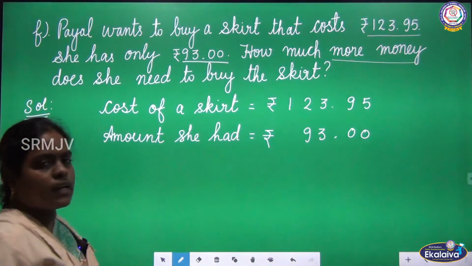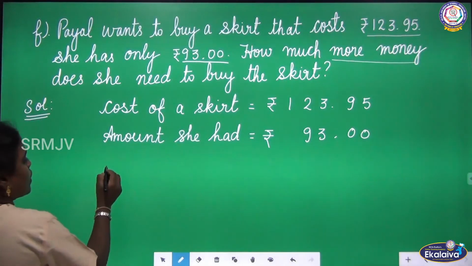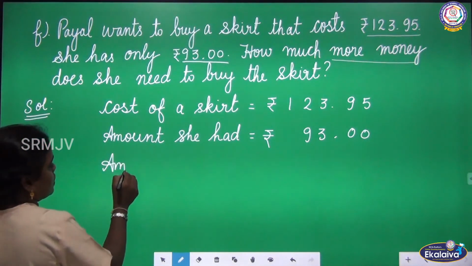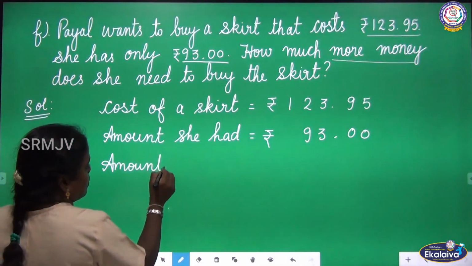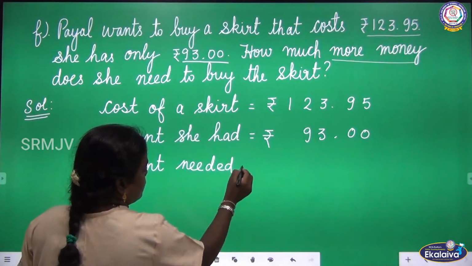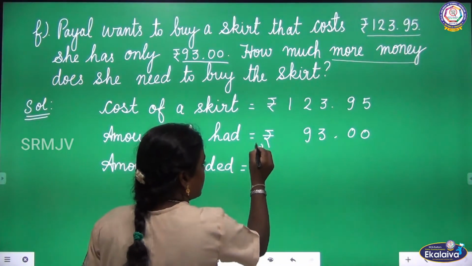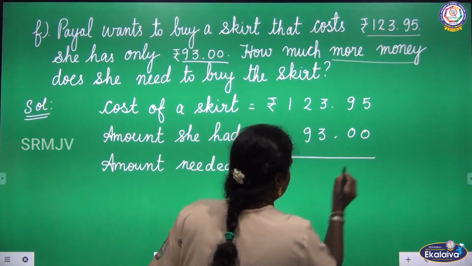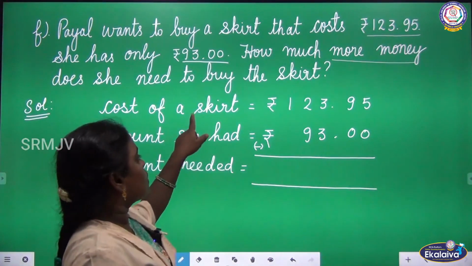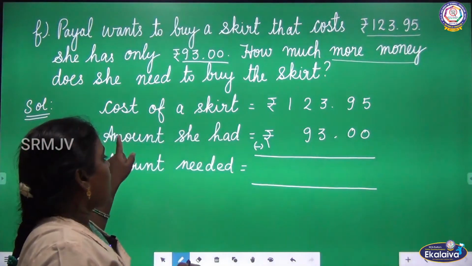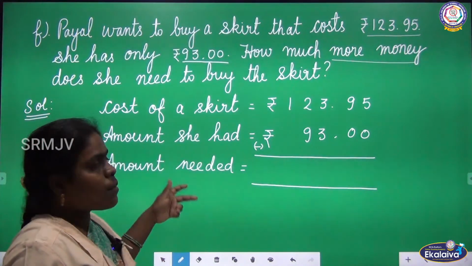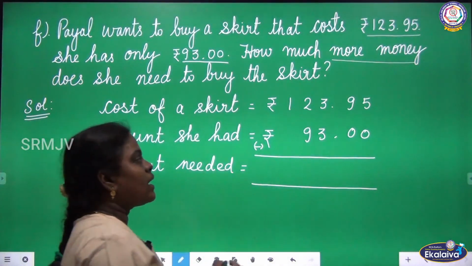So she had only 93 rupees. We are going to find out the amount she needed. By subtracting, we can get the answer. Let us subtract the amounts, which is the cost of a skirt and the amount she had. If you subtract this, you can get the amount which is needed to buy a skirt.